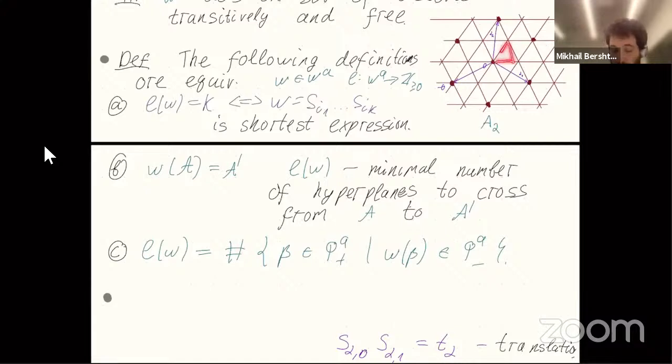Now let us consider the origin. There is a subgroup in the affine Weyl group which preserves the origin. This is the finite Weyl group. So we have the finite Weyl group, a group which preserves 0.